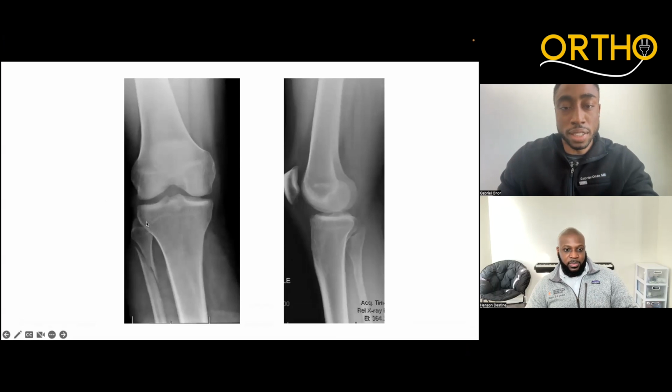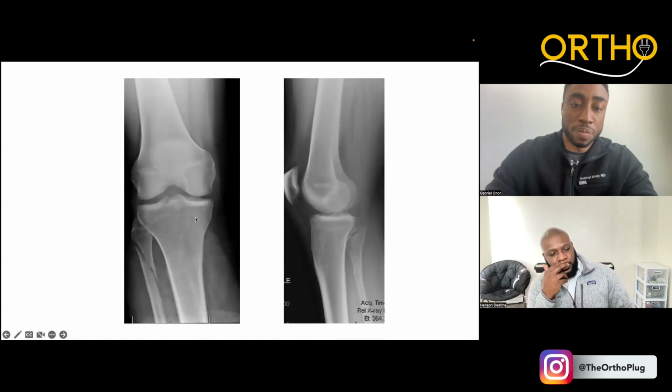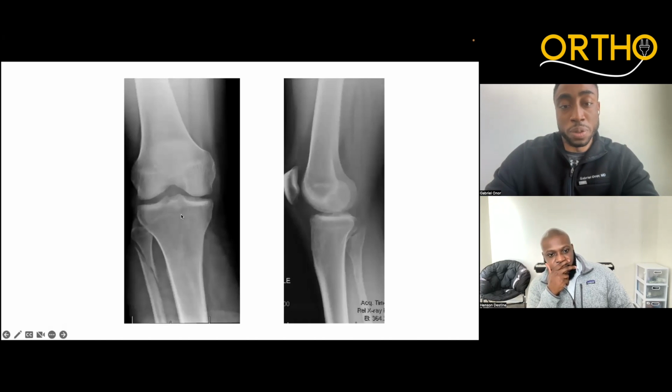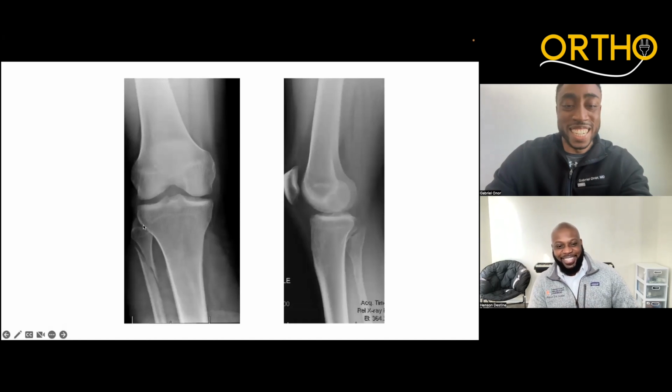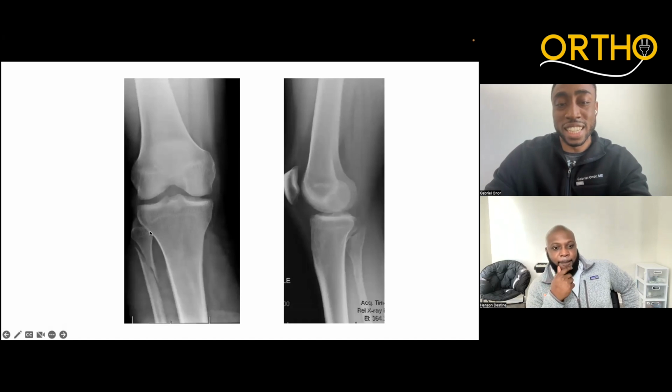You know that this physis is closed, so this would indicate a skeletally mature individual. And in, let's say, a 12-year-old or 11-year-old, you'll typically see an open physis. It would probably be better if I had a pediatric x-ray up here, but you'll just be able to see an open physis. You won't see this kind of clean physeal scar where the patient looks like they're done growing, essentially.